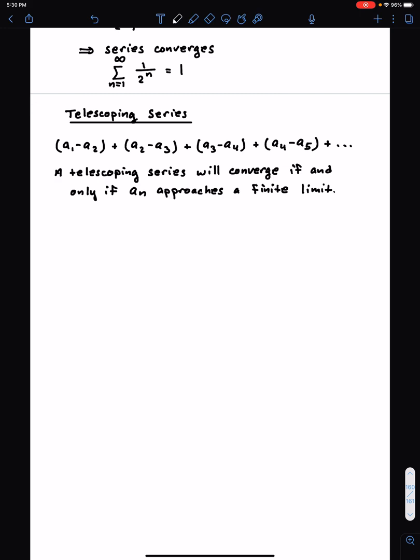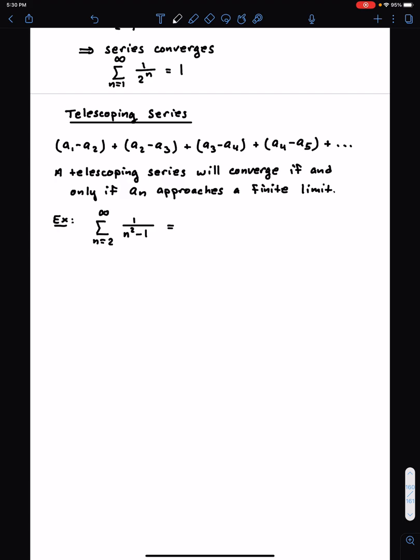So determine if the following series is convergent or divergent. The sum as n goes from 2 to infinity of 1 over n squared minus 1.